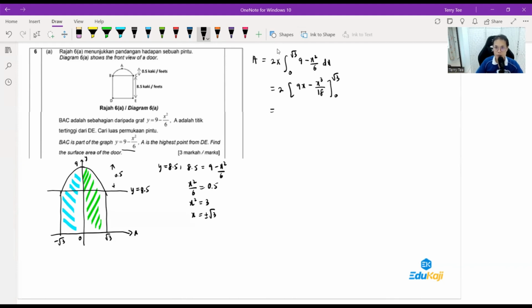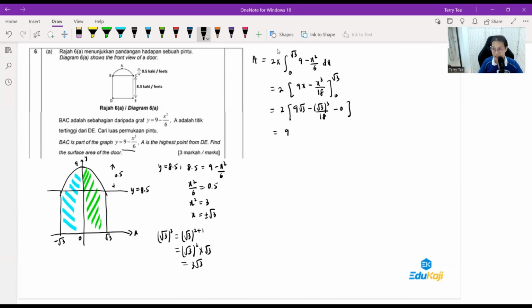Let us substitute the upper limit first. So 2 stays outside: 9 root 3 minus root 3 power 3 over 18 minus 0. Root 3 to the power 3 is root 3 power 2 plus 1, which is root 3 squared times root 3. That gives us 3 root 3, since root 3 squared is just 3.